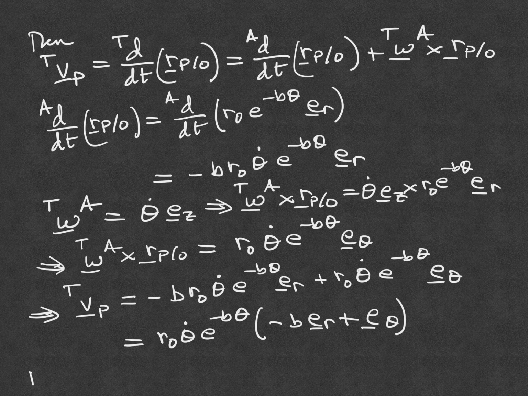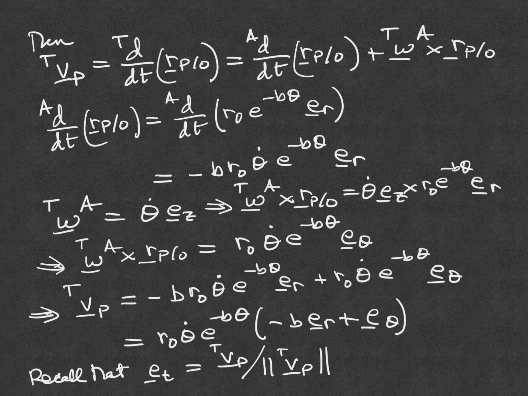So recall that the tangent vector is equal to the velocity of p divided by its magnitude, which is also equal to the velocity of p, this time relative to the track, divided by the speed relative to the track.